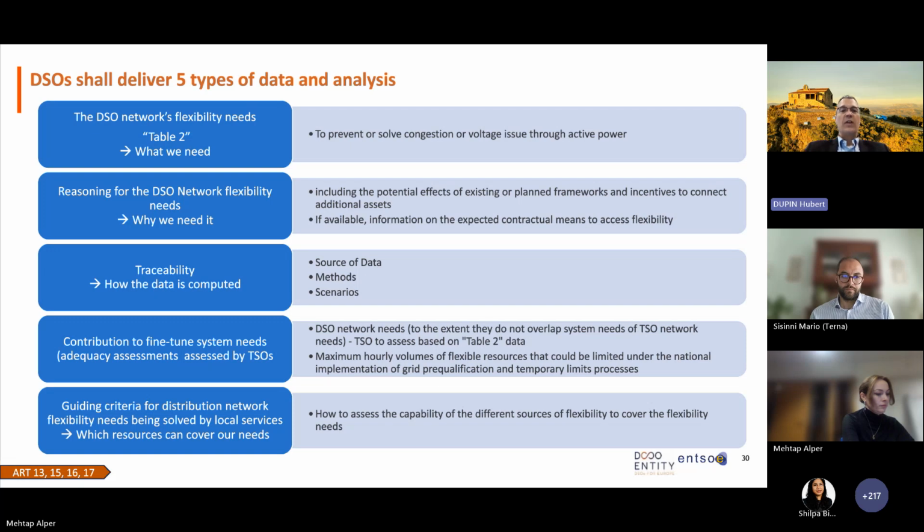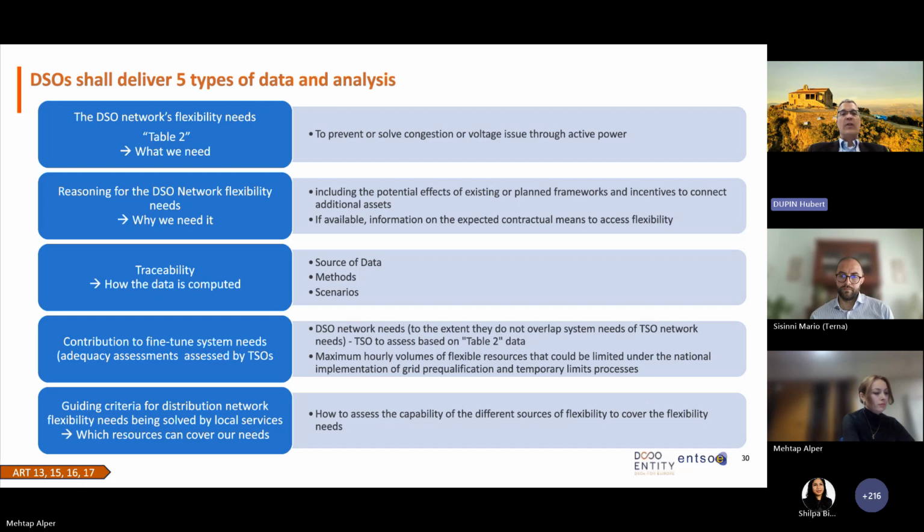So indeed, it is to provide a bit of feedback to policymakers on the incentives to connect assets, be it storage, producers, or consumers, in certain parts of the country or the distribution grid in terms of location or voltage level.